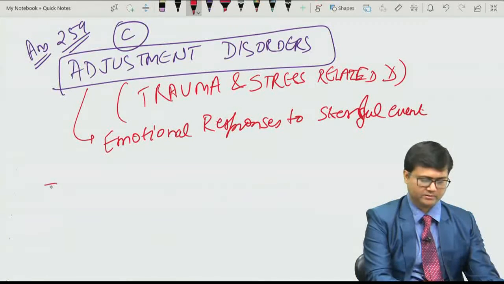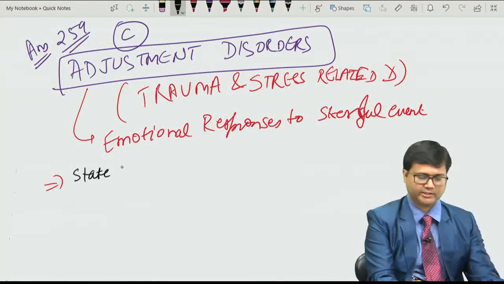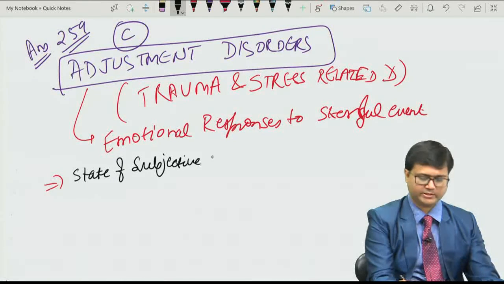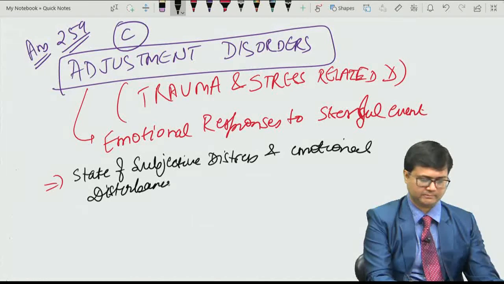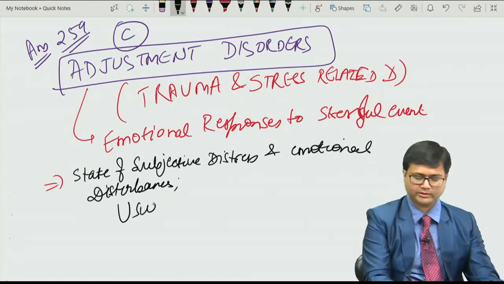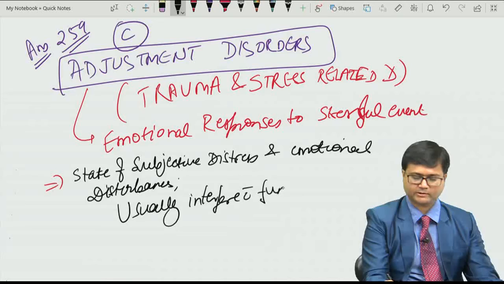Now they are also characterized as a state of subjective distress and emotional disturbances, which usually interfere with functioning.